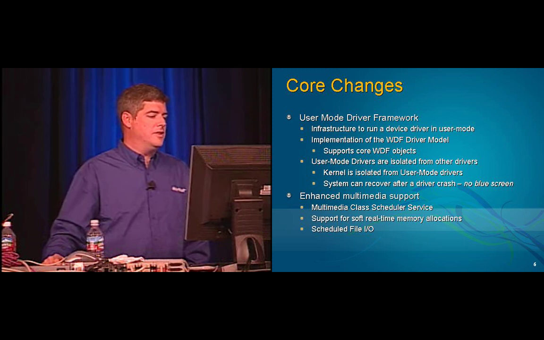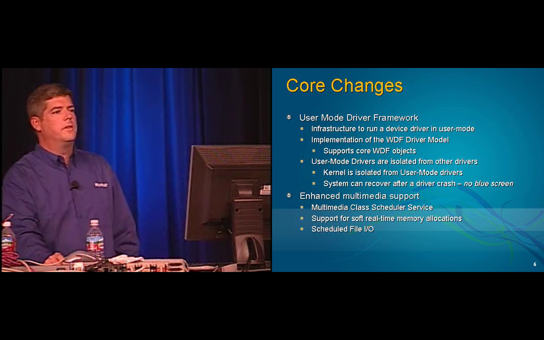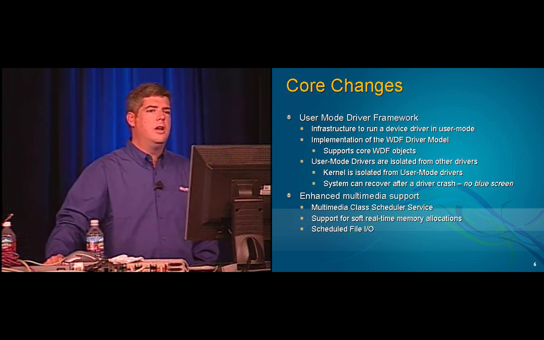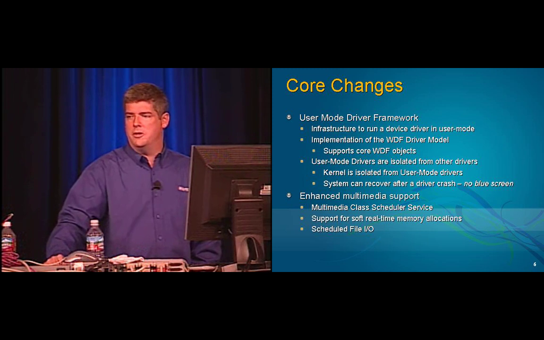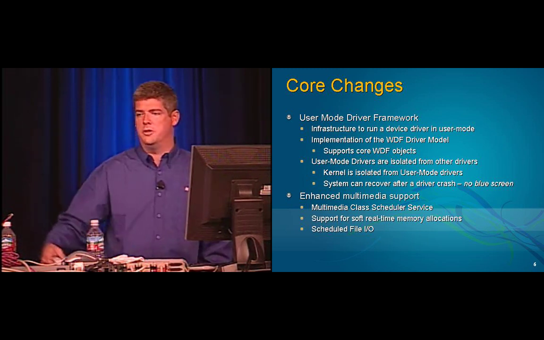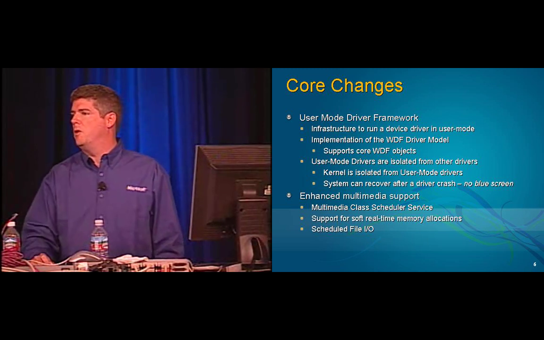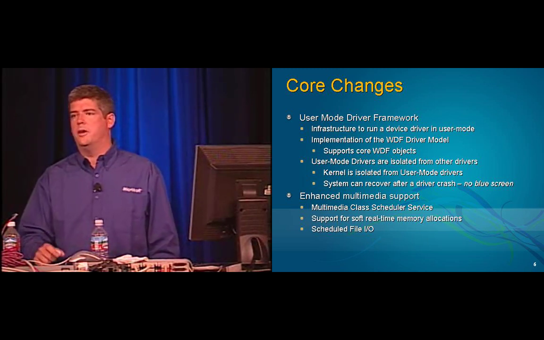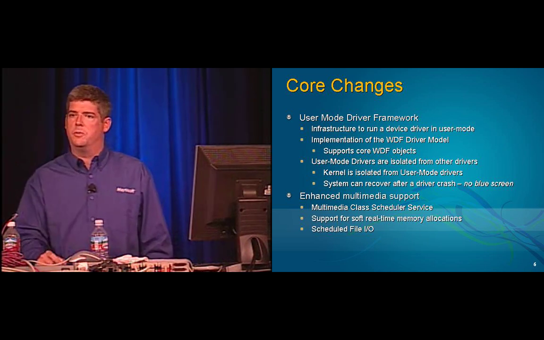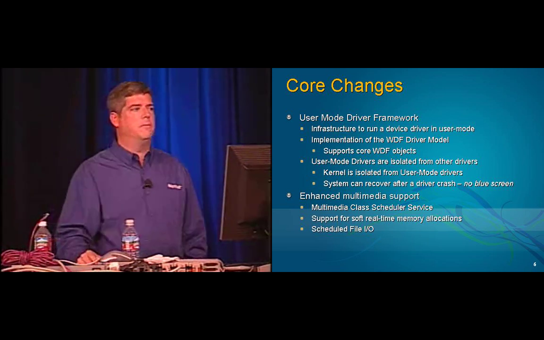Finally, though it sounds very simplified at the bottom, we support something called scheduled file I/O. Now, with the scheduled file I/O support in the kernel, a media framework application can describe that it needs to get a particular I/O operation done in a certain amount of time. Your media framework may decide that it needs a 4 megabyte buffer in order to render the video stream appropriately with no glitches for a given second, or whatever the right metric is.